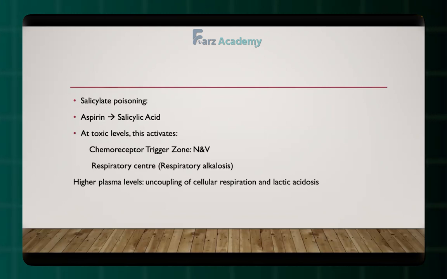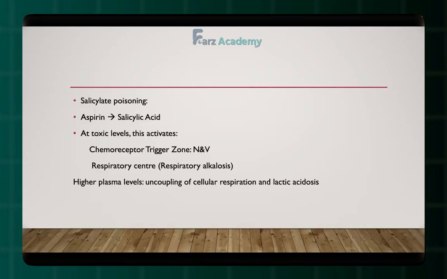Salicylate poisoning, that's the next important one. Aspirin is salicylic acid. At toxic levels, this activates the chemoreceptor trigger zone, which leads to nausea and vomiting. It also activates the respiratory center, which leads to hyperventilation and thereby respiratory alkalosis.